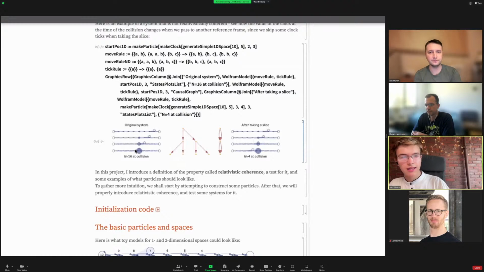I'm talking about taking the initial causal graph, then taking a slice, treating the state we got as the initial state of the new system, and then applying the same rules to the updated system, to the other reference frame. And here it is not necessarily going to behave the same way as shown here.